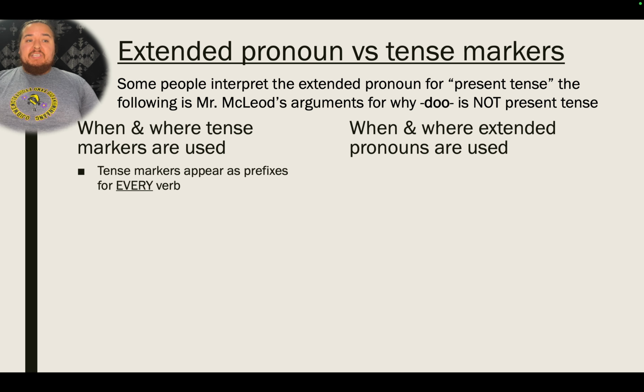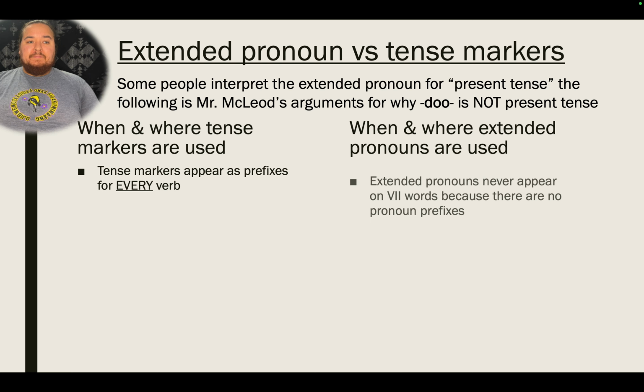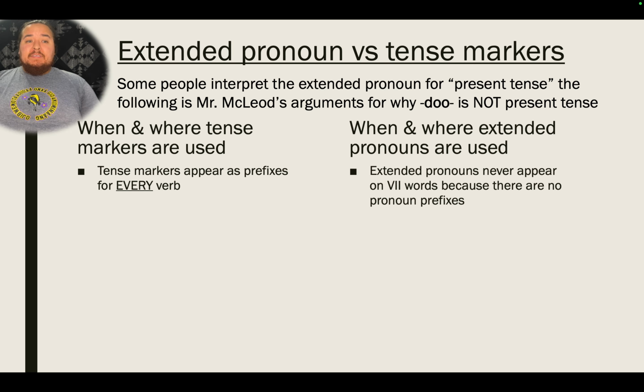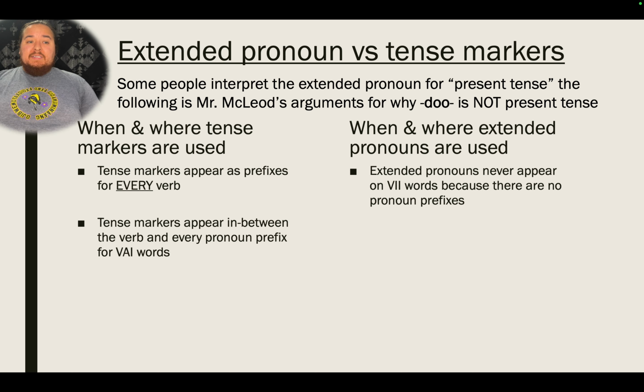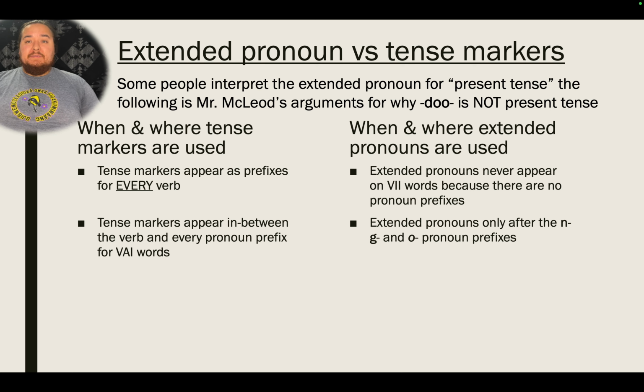Tense markers appear as prefixes for every type of verb. Extended pronouns never appear on VII words because there are no pronoun prefixes. Tense markers appear in between the verb and every pronoun prefix for VAI words. Extended pronouns only appear after the N or G or O pronoun prefix.